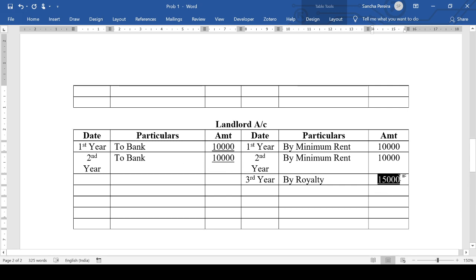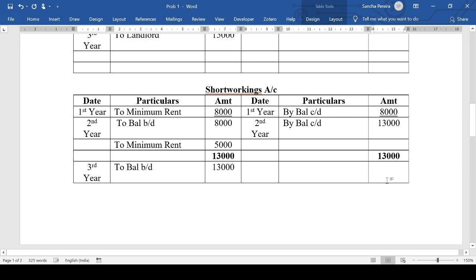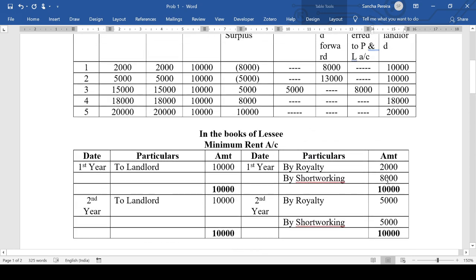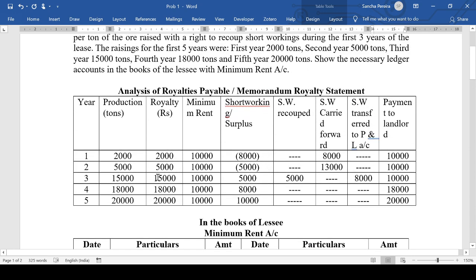By royalty 15,000. How is it 10? Royalty is 15,000, no? We have moved to the third year where the actual royalties are more. Royalty is 15 now. Okay. So royalties account debit to landlord account.